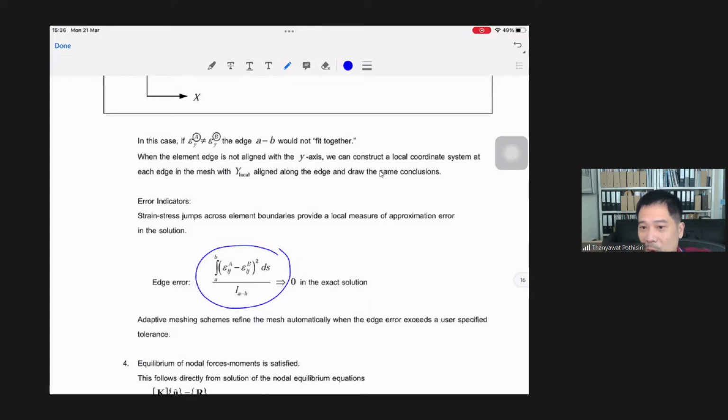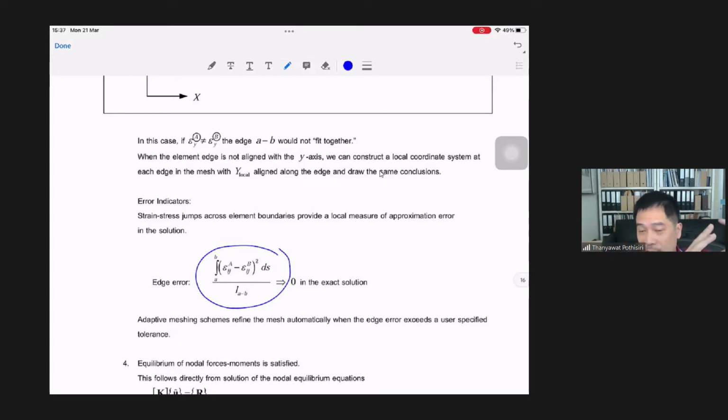So we use more elements there in order to try to minimize these stress and strain jumps. So you see that if you use adaptive meshing, or if you request your computer program to generate the mesh automatically, it would refine the mesh at certain places.